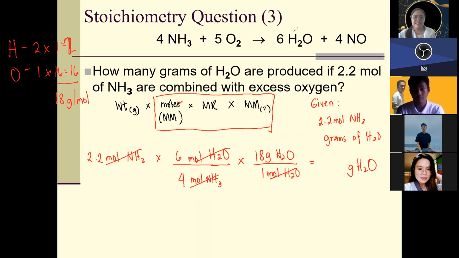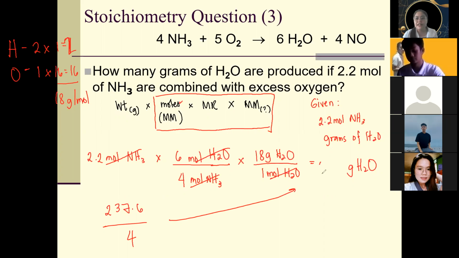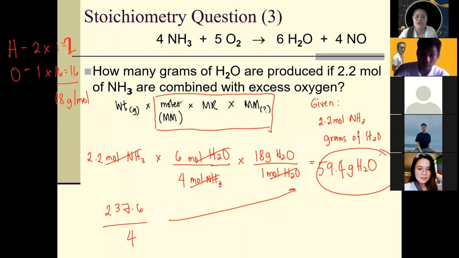Take out your calculators, class. 2.2 times 6 times 18, divided by 4. That gives 237.6 divided by 4, so this is 59.4 grams of water.